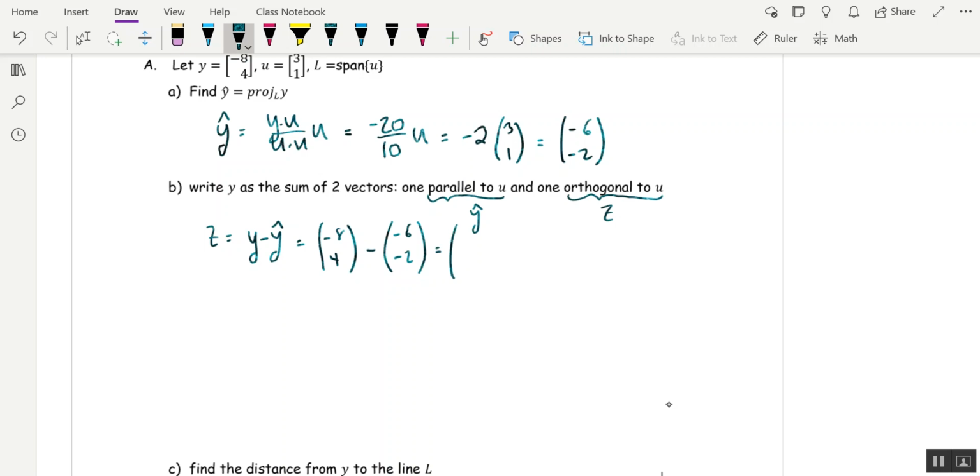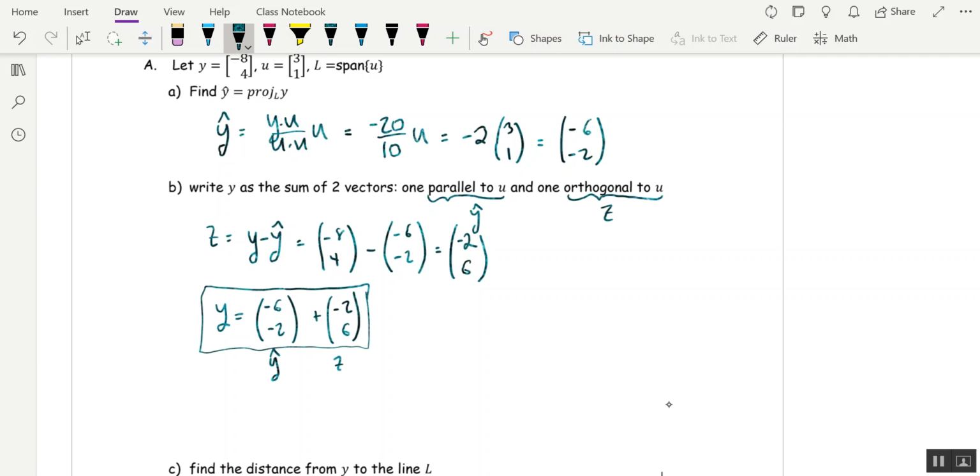And I get negative 2, and then 4 plus 2 is 6. So that's my z. And then I want to leave my answer in the way it's been requested. Write y as the sum of two vectors. So y is y hat, which is negative 6, negative 2, plus z, negative 2, 6. So this is my y hat, and that's my z. And so that's how I want to leave my answer.